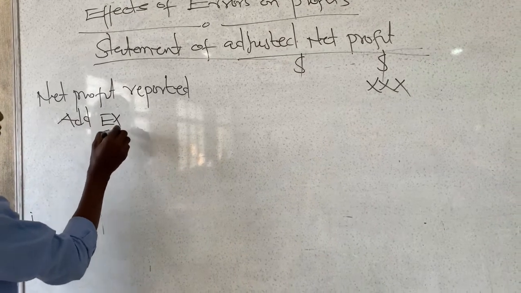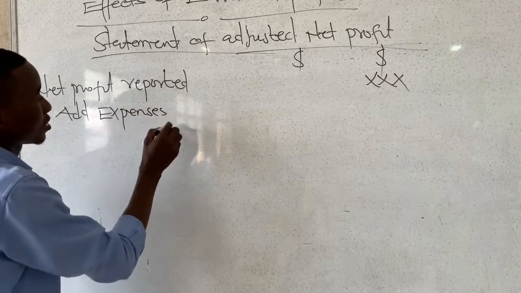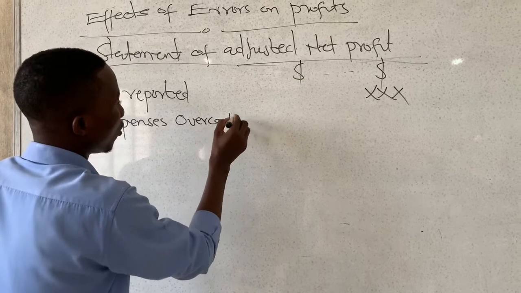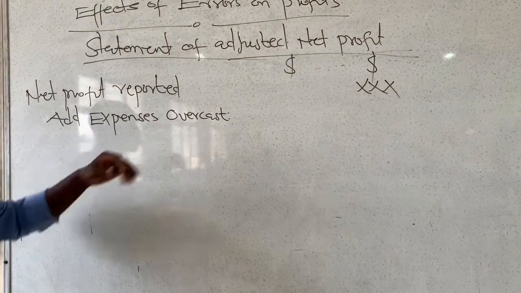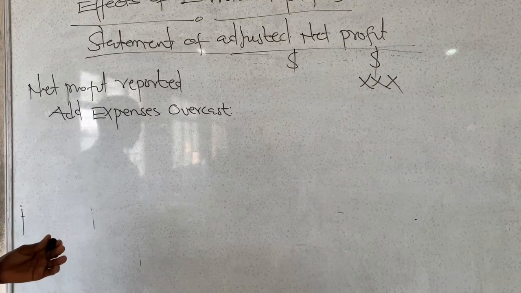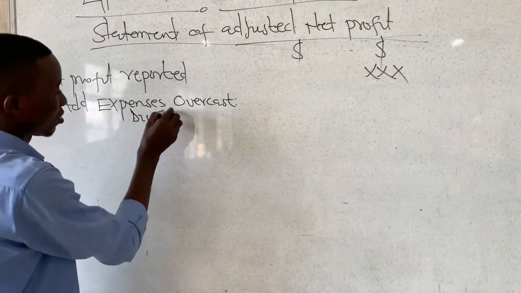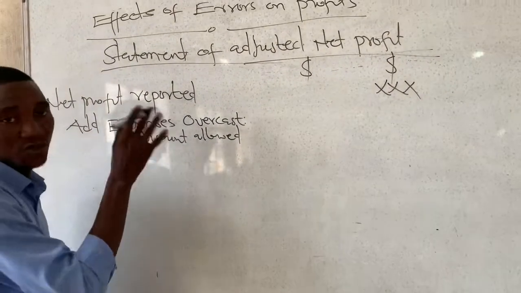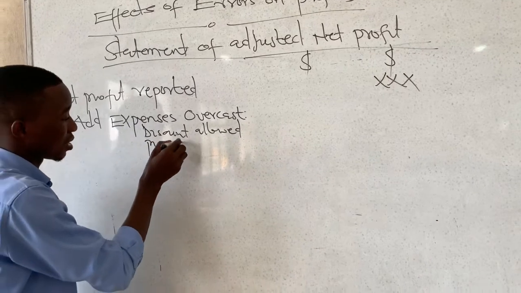expenses overcast. Mind you, I told you that this expenses overcast may comprise of so many items. Okay, some may be discount allowed. You need to know what constitutes the expenses. It may be direct, it may be indirect. There's a purchases account.